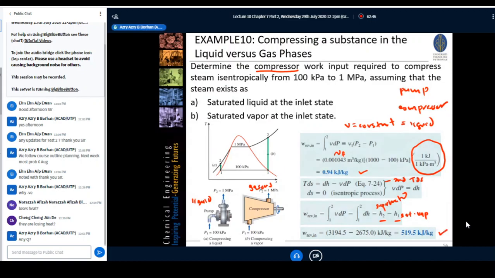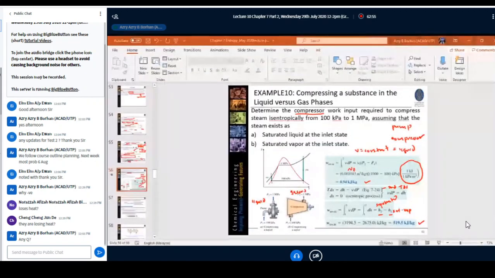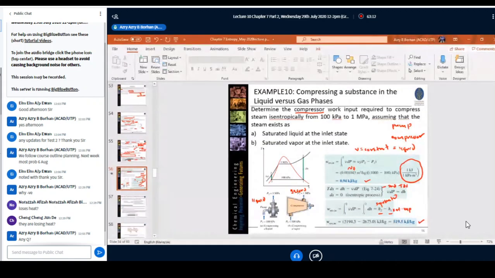Now my question is, which one performs better? Guys, between pump and compressor, which one performs better?